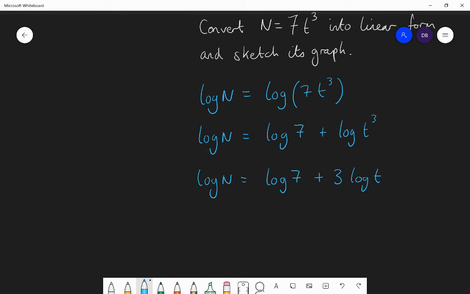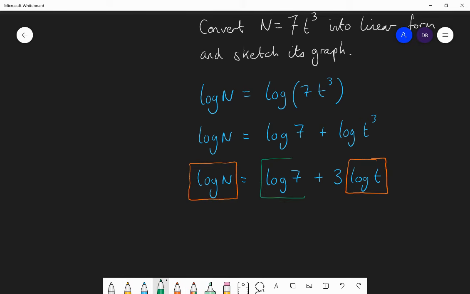The difference with this, with the previous one, is that our variables before were log n and t. Now our variables are log n and log t. So for these types of questions, we're going to need a logarithmic scale on both axes.